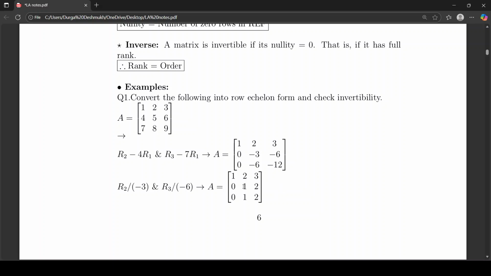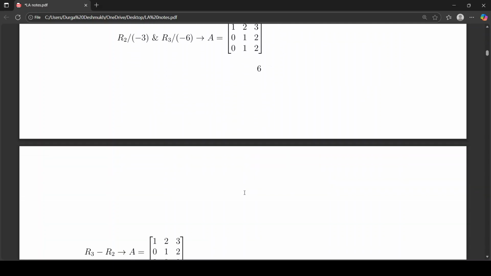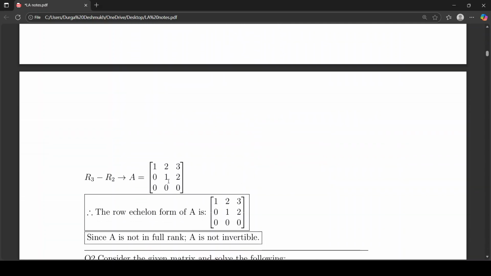Then here this 1 is the leading entry of the second row, so all the entries below it should be 0. So we perform R3 minus R2 and get this. So this is the final row echelon form because it satisfies all the conditions mentioned above. Since it is not of full rank, it is not invertible.